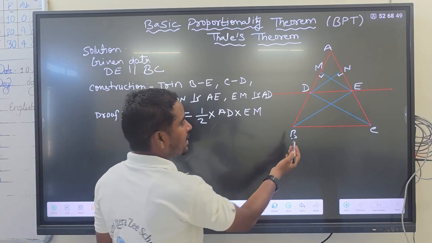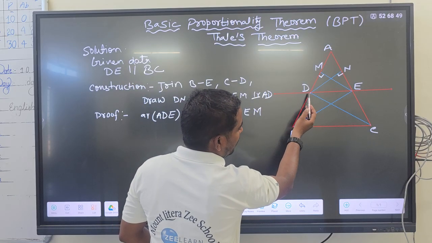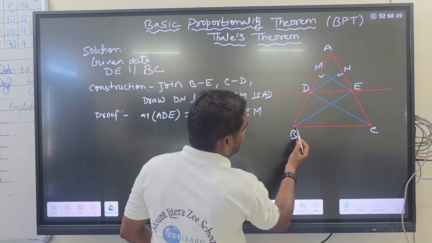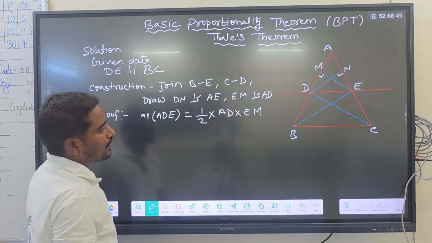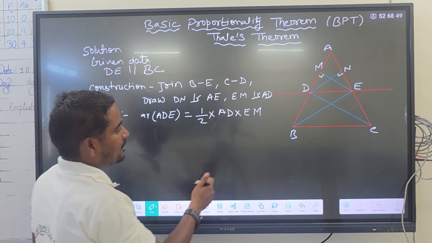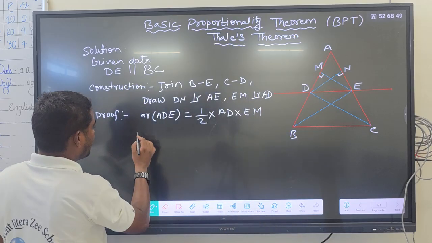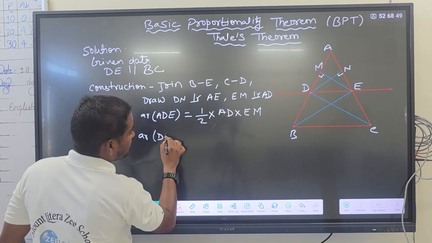Okay. Now similarly we will proceed further by finding out the area of triangle DBE.